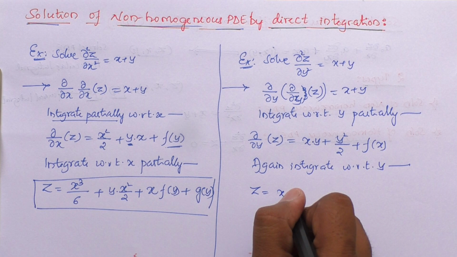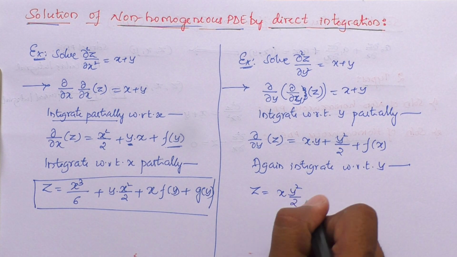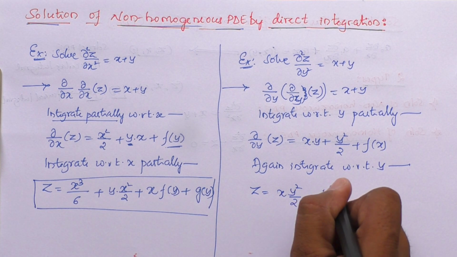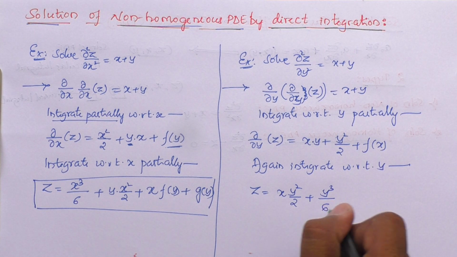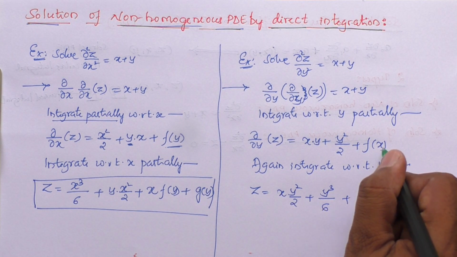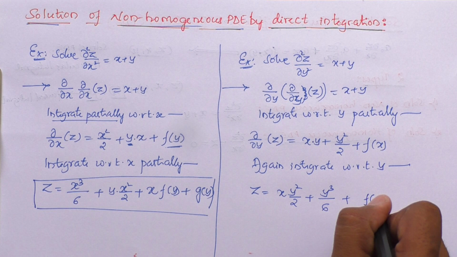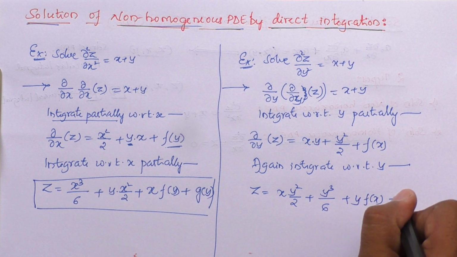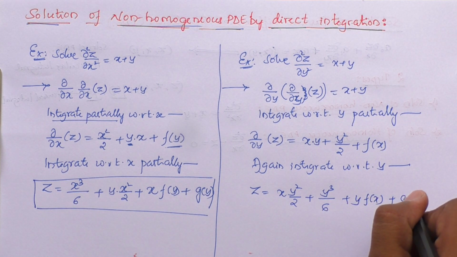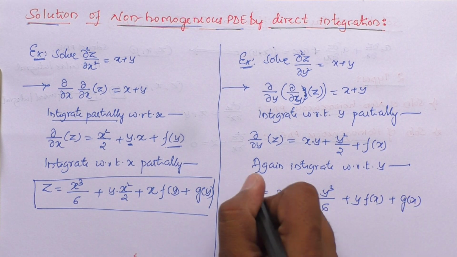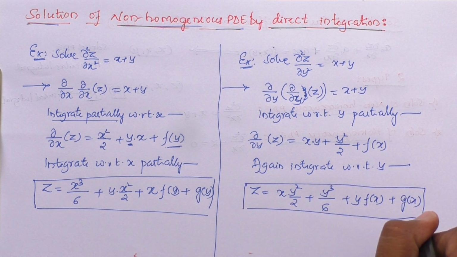So y integration, x is constant, y integration is y square by 2, y square integration is y cube by 3, into 2, that is 6. Now integration with respect to y, f of x is constant. So constant into y plus arbitrary constant term g of x. So this is what we got as the solution. So like this you need to solve all the problems.